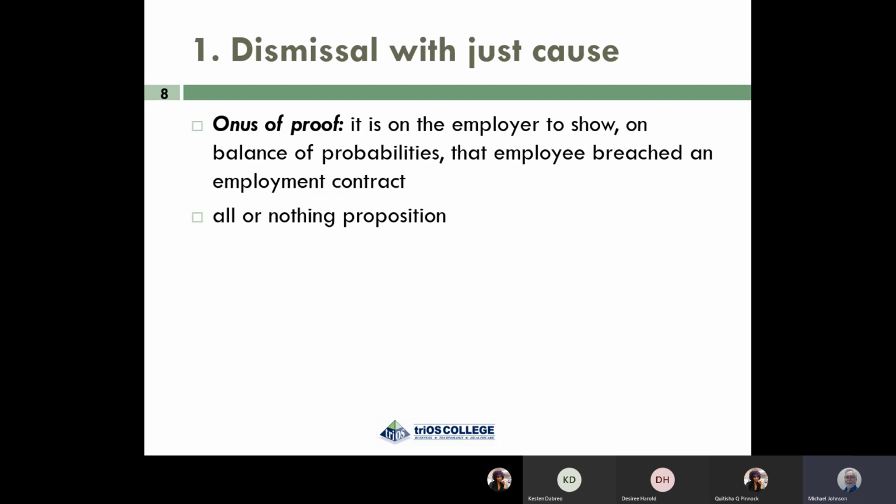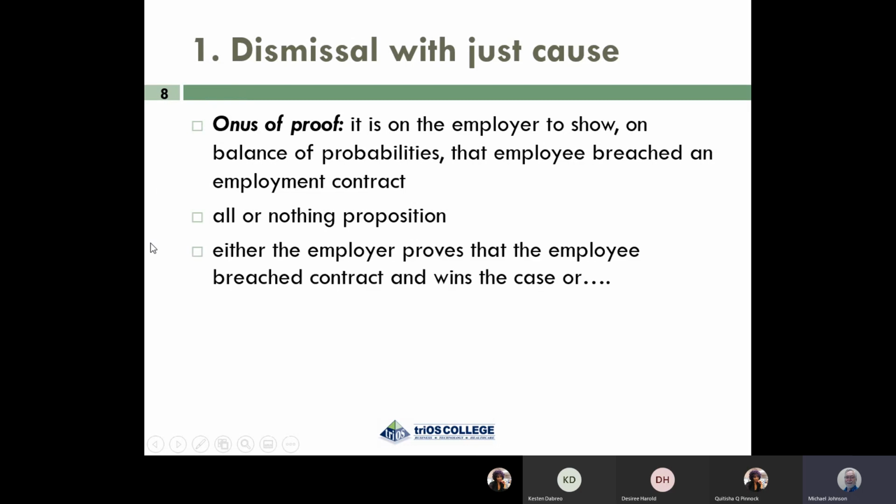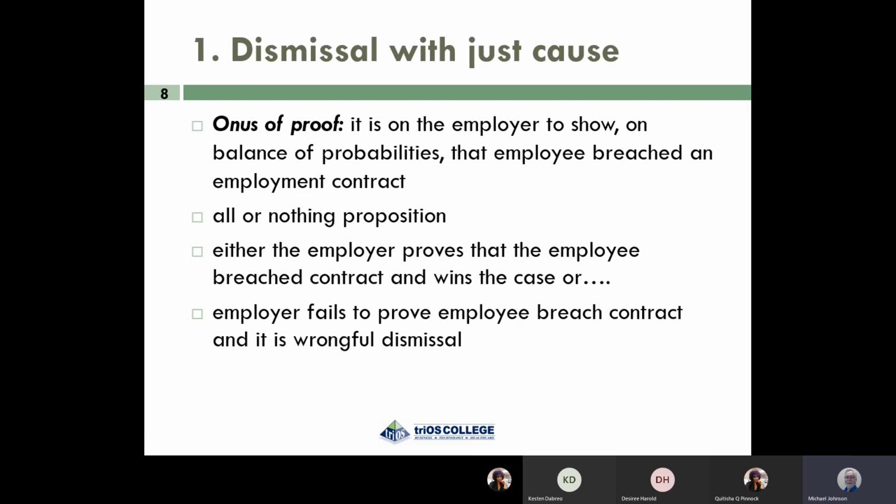It's an all or nothing proposition because companies get sued for dismissing, so you must make sure that the employee actually has violated that contract. Either the employer proves that the employee breached the contract and wins the case, or the employer fails to prove the employee breached the contract and it becomes wrongful dismissal, which means that individual can not only get their job back, but can even sue.